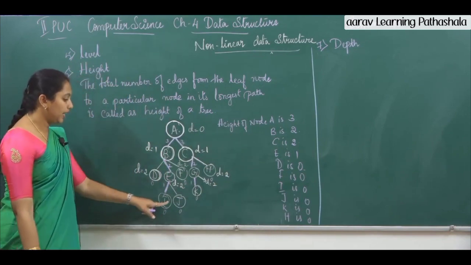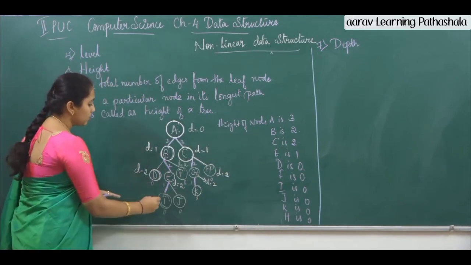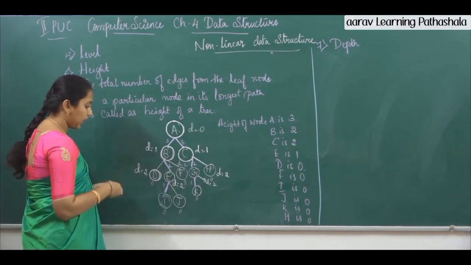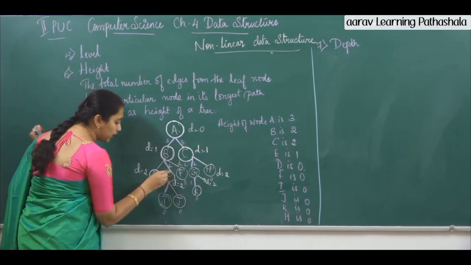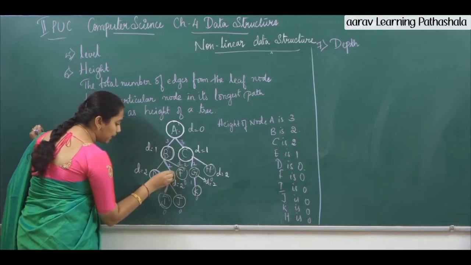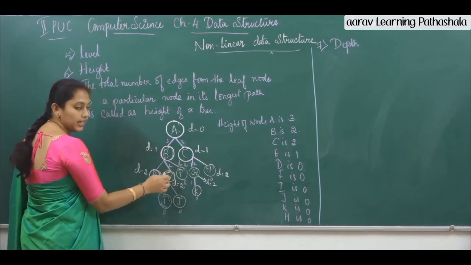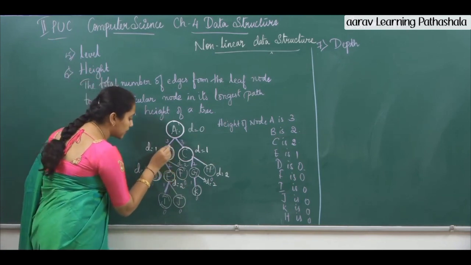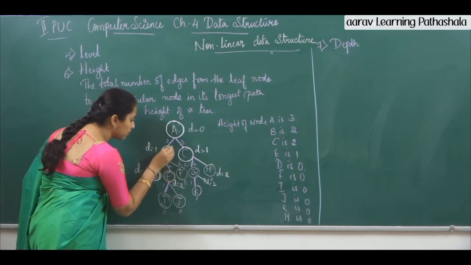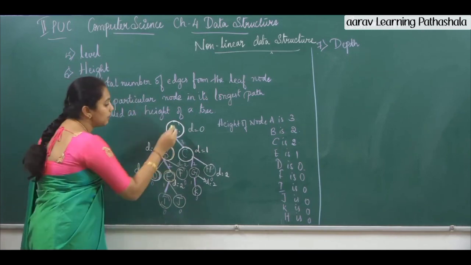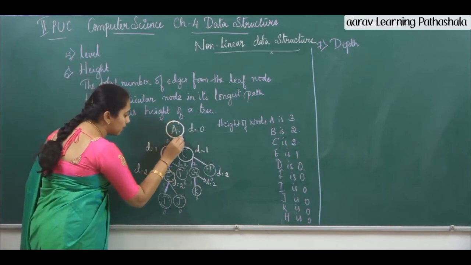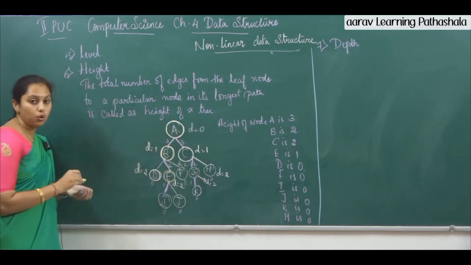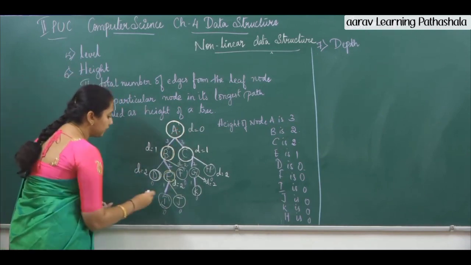When it comes to I, J and K, the depth of I node, I am going to represent it in yellow color. The parent node of I is E. For the E node, the parent node is B. For B, the parent node is A. Hence, the depth of this node I is 3.